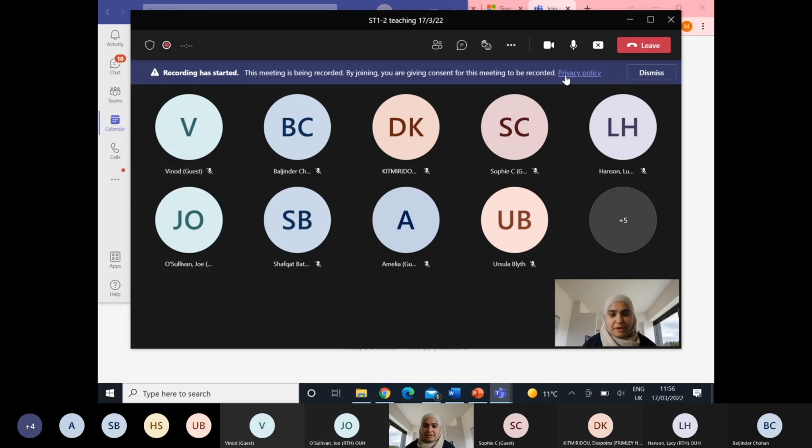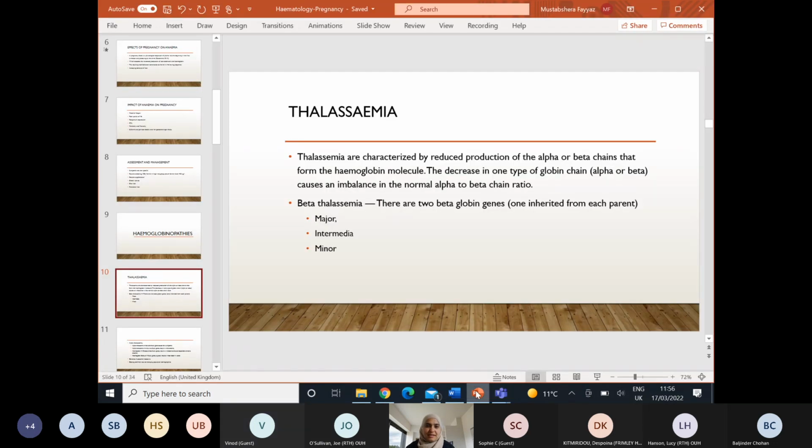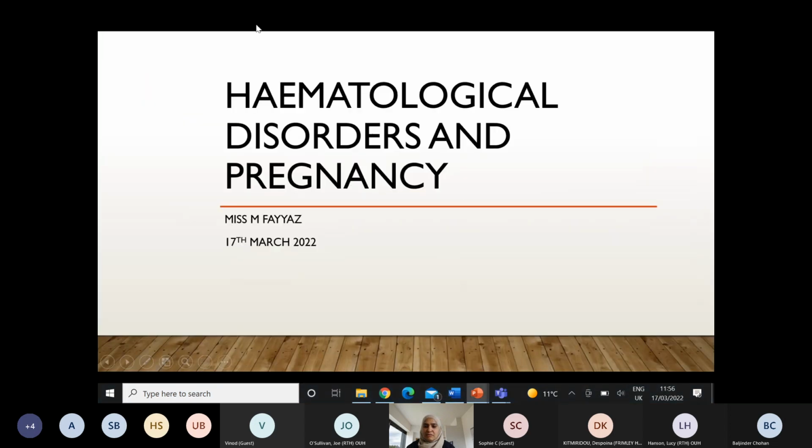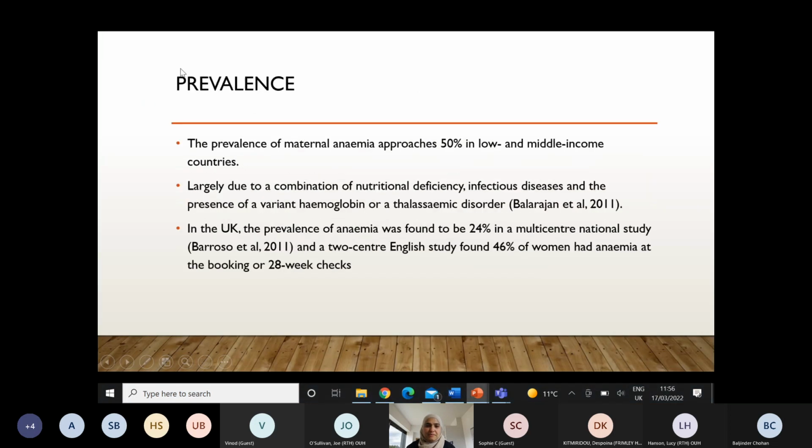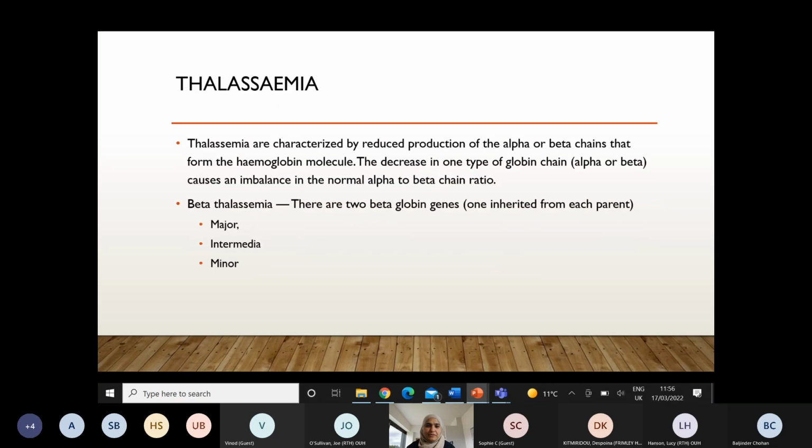Yes, great. That's a good overview. So if we want to go into details: hemoglobinopathies are of two types.